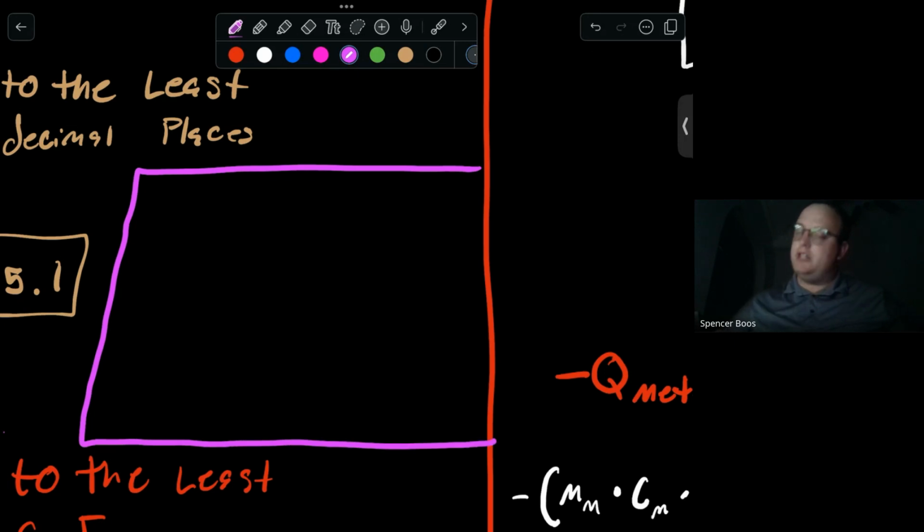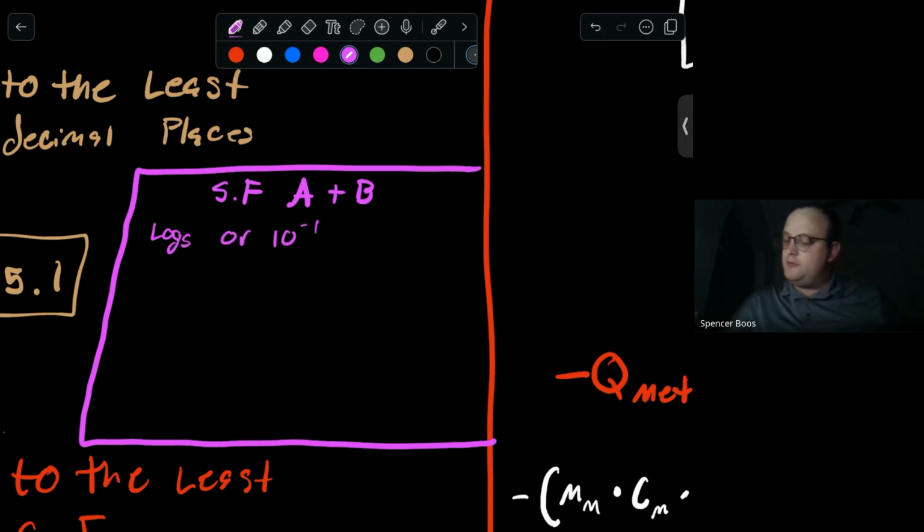We can also kind of just water this down for sig figs for acids plus bases, right? When you're doing these logs, or 10 raised to the negative pH or pOH, one of the two, you round.